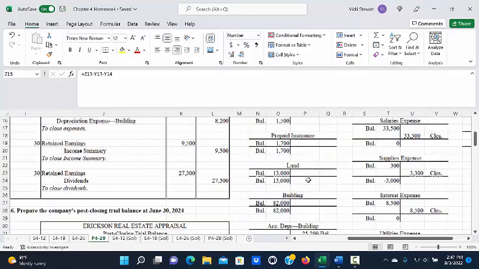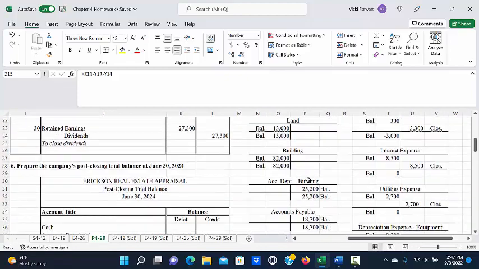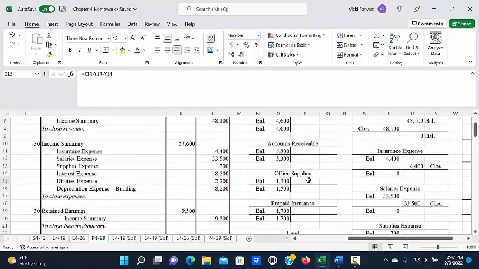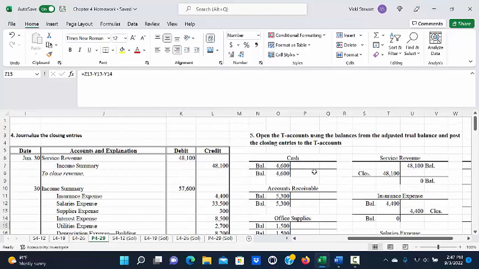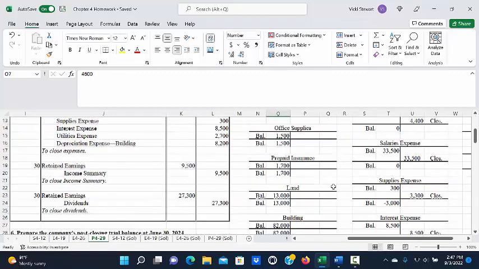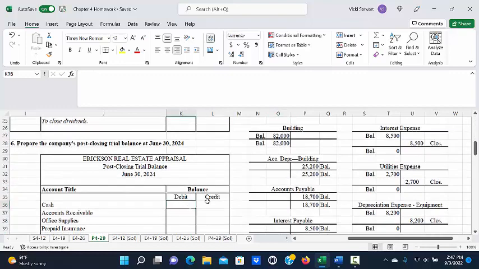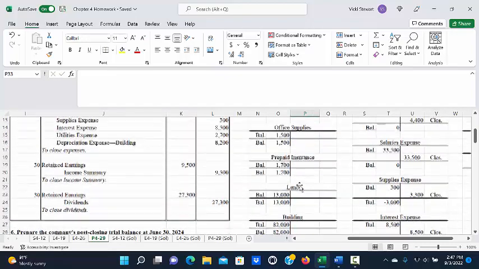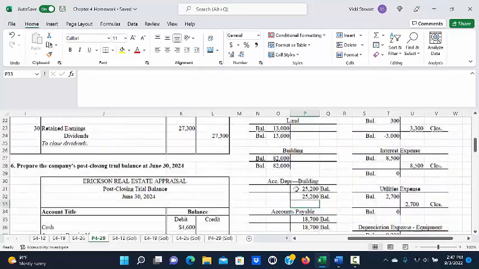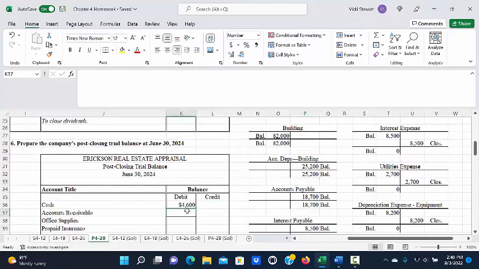Then the last part of the problem is to prepare the post-closing trial balance. So to do that, that's only going to be the permanent accounts, and we're going to take the balances in our T accounts and we're going to list those debits and credits, and that will prove whether our accounts are in balance for the start of the next accounting cycle. So cash was $4,600. Our accounts receivable is $5,300.